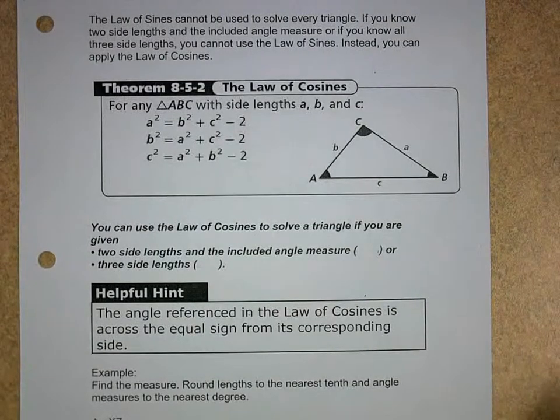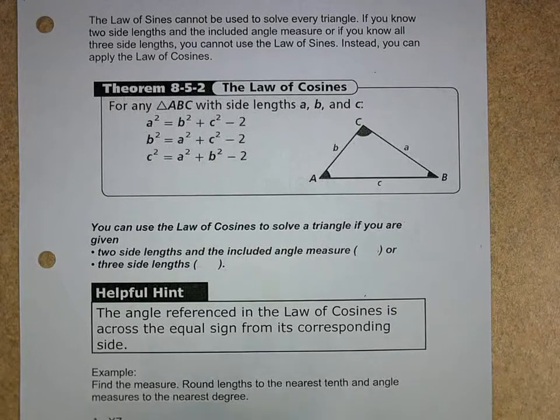Now, the reason the law of cosines works is that every angle is opposite its own side, and every angle has a different opposite side.